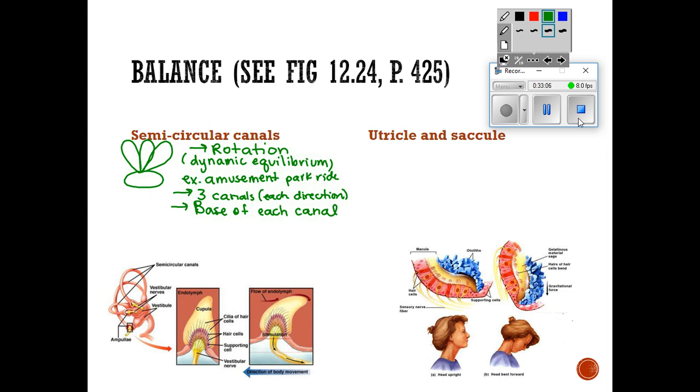So if you look at this diagram here, it shows you what the base of the canal looks like. If I draw the base of the canal, it kind of looks like this. I think it looks like a jellyfish, or maybe my grandma's old-fashioned lamp, whichever one you want. But at the base of each canal, you have hair cells.